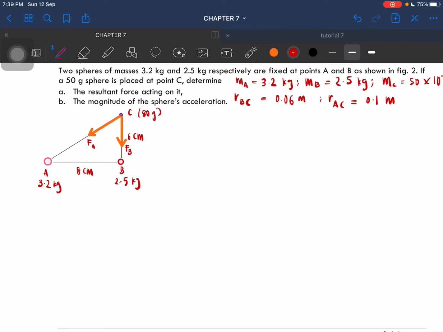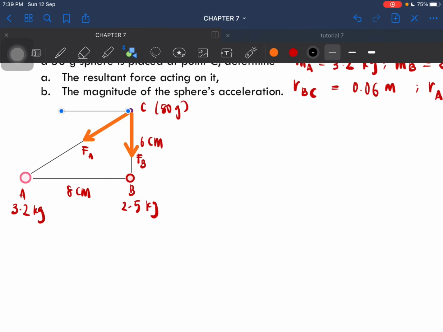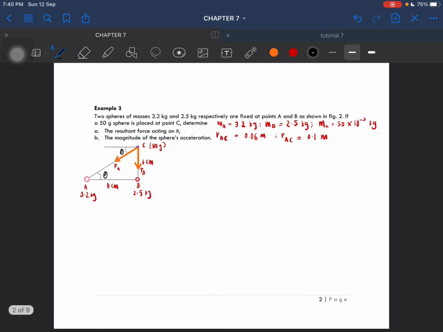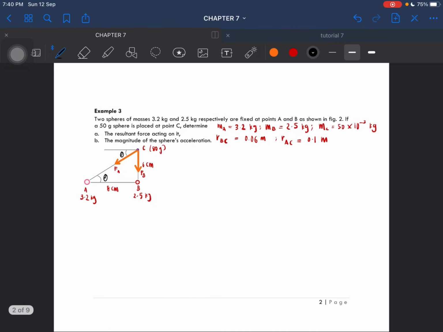Now we have to find the resultant force, and if we look at this, we can see that it has an angle. The angle is here. If there is an angle, we have to look at these questions using X and Y components. So we are going to resolve it. Let's continue.